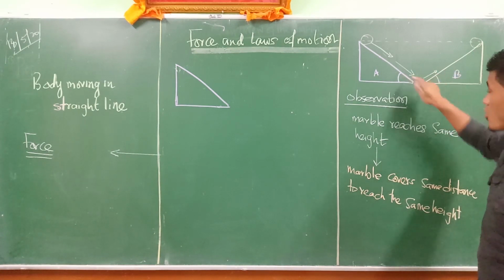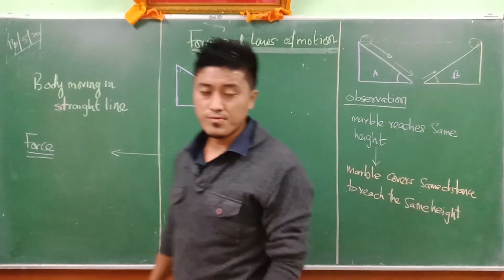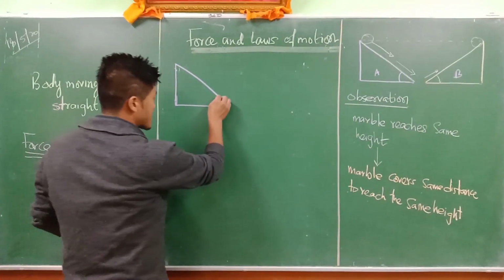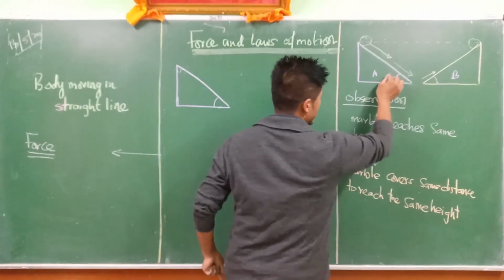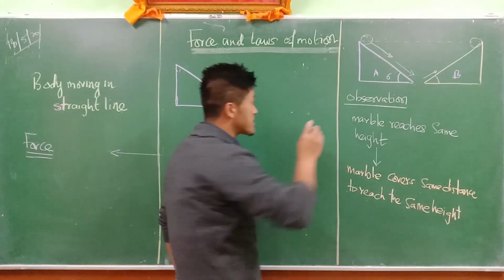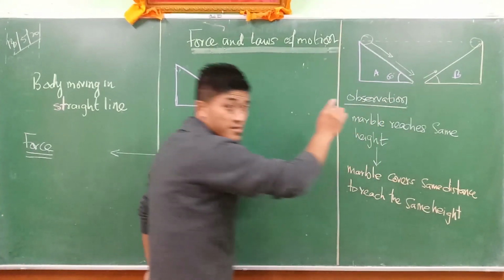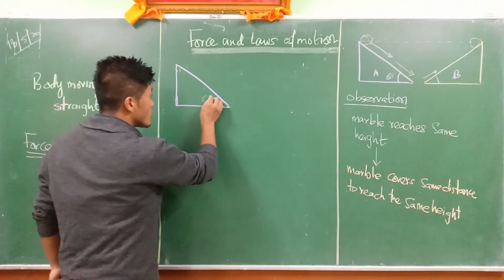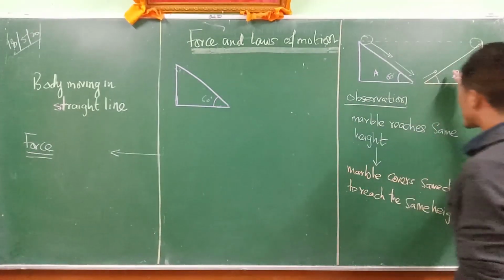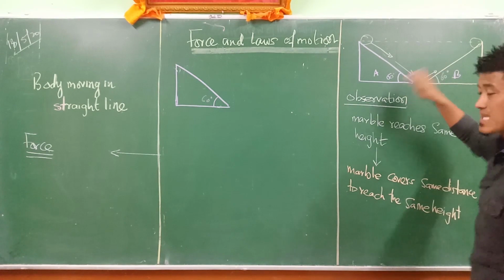This angle is what we normally call the angle of inclination, right? Let's suppose this is maybe 60 degrees or something. Now, in that case, the angle of inclination is 60, the same, because both are the same.